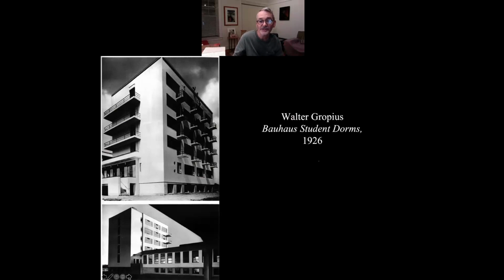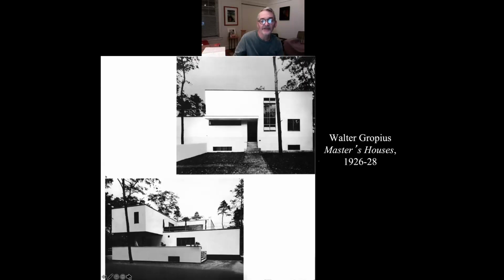So here, student dorms. This is in Dessau. Modern buildings, and they also design houses for the studio masters. And people still build like this, almost 100 years later.